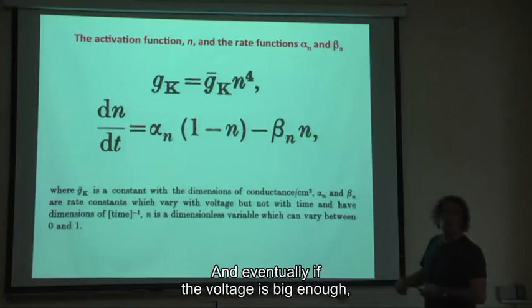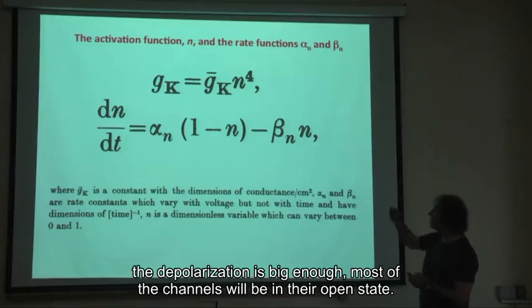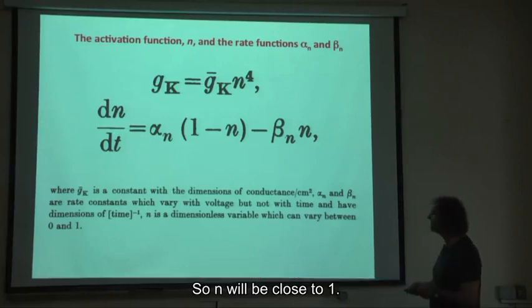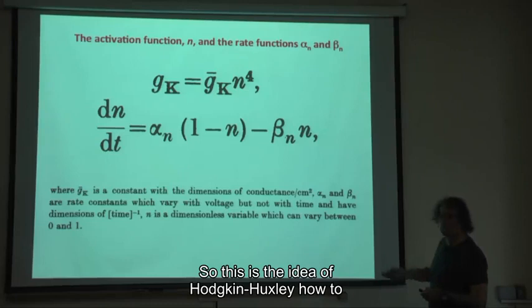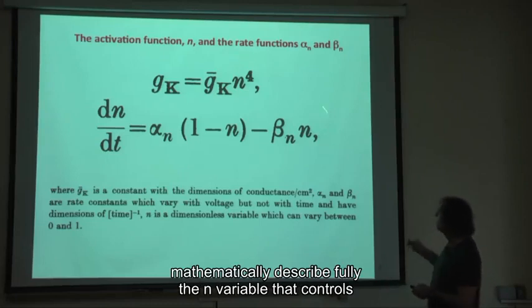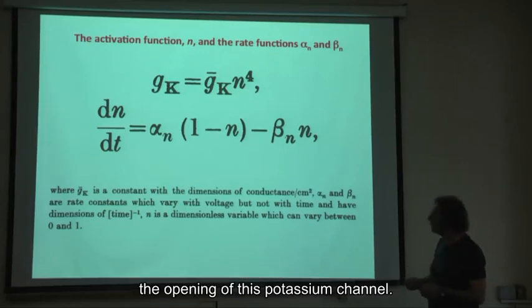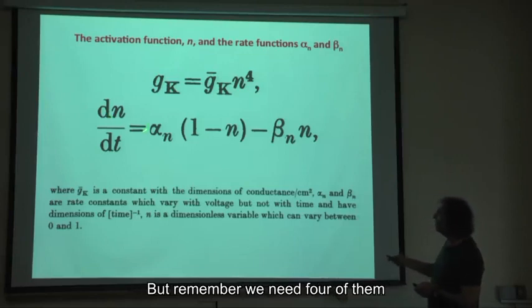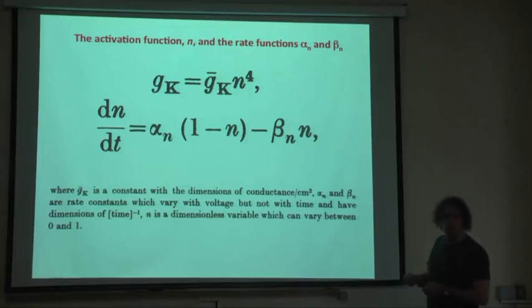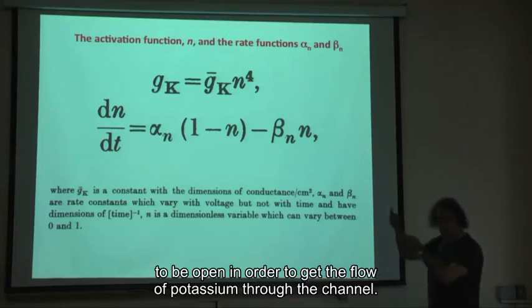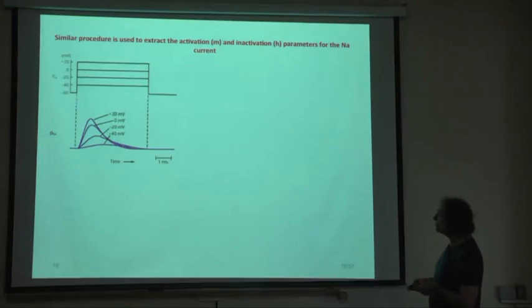And eventually, if the depolarization is big enough, most of the channels will be in their open state. So n will be close to 1. So this is the idea of Hodgkin-Huxley, how to mathematically describe fully the n variable that controls the opening of this potassium channel. But remember, we need 4 of them to be open in order to get a flow of potassium through the channel.